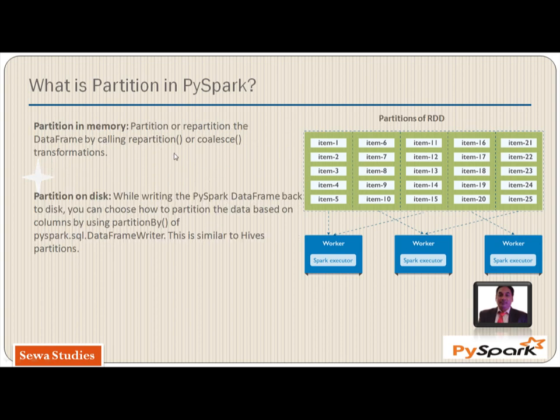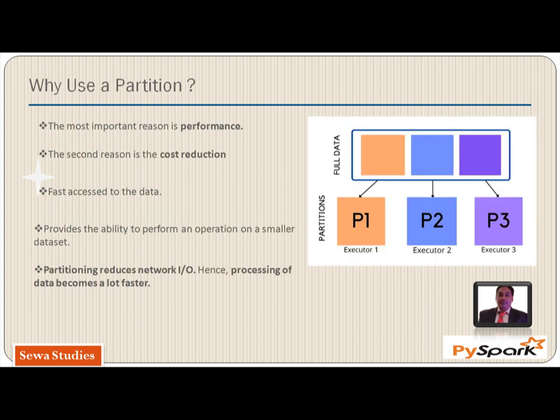First, partitioning in memory: you partition or repartition the DataFrame by calling the repartition and coalesce transformation methods. Partitioning on disk: while writing the PySpark DataFrame back to disk, you can choose how to partition the data based on columns by using the partitionBy method of pyspark.sql.DataFrameWriter, similar to Hive partitioning.